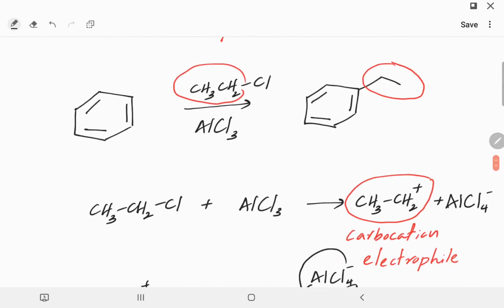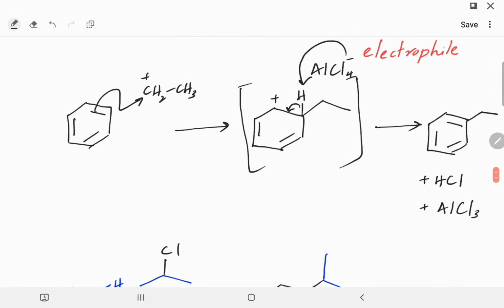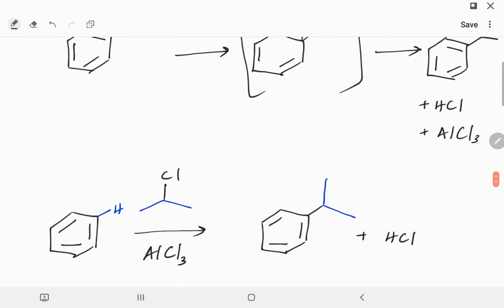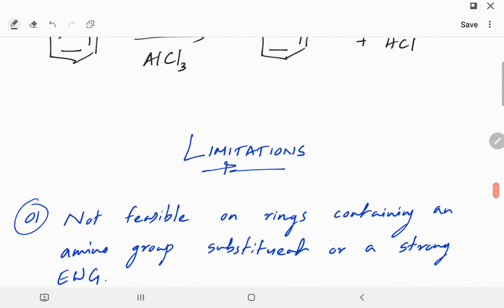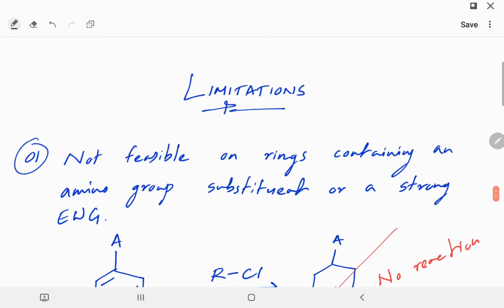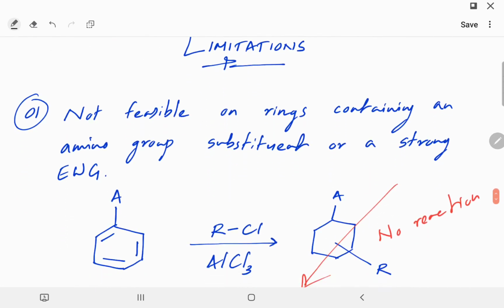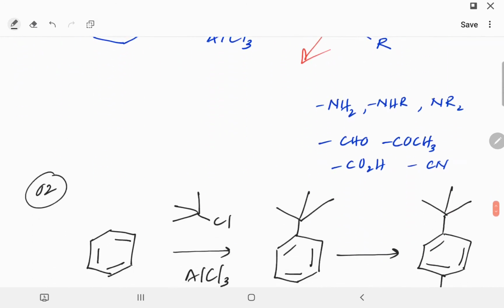This is a pretty straightforward substitution using a carbocation electrophile, but of course there are some limitations. One of the limitations is that if you already have a monosubstituted benzene, that substituent could impact the substitution of the alkyl group. So keep that in mind.